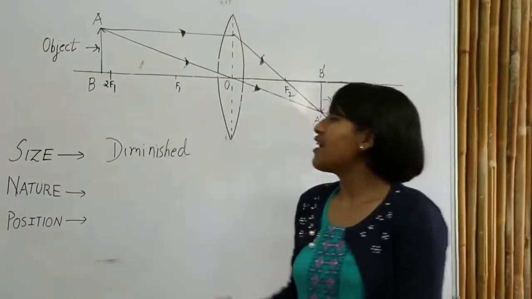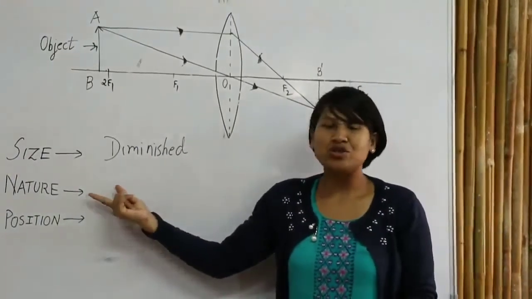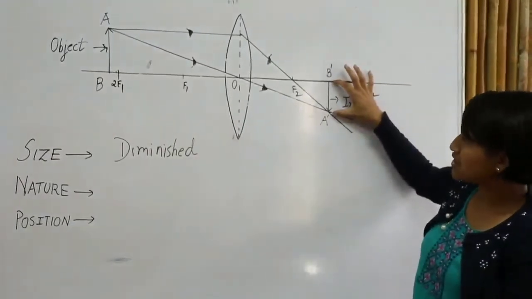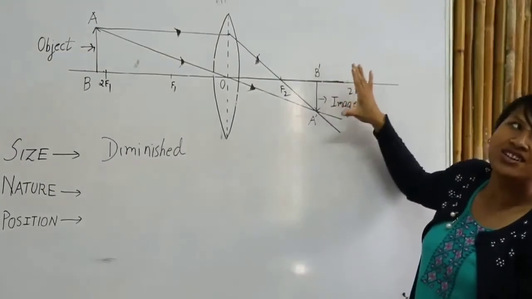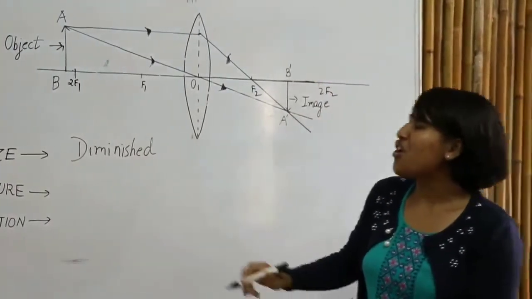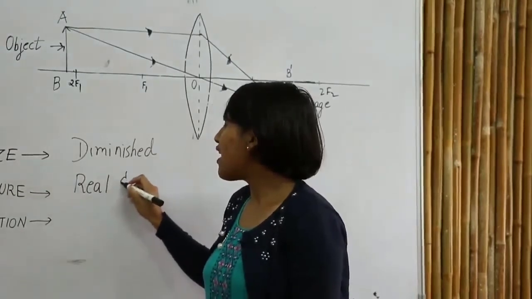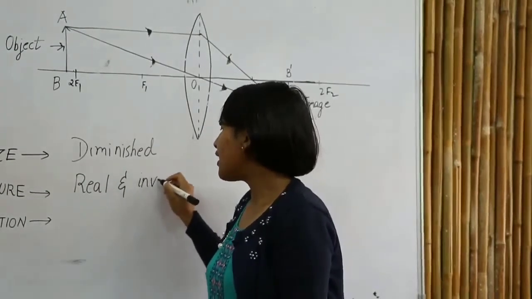Okay, and then what happens to the nature of the image? Here, it is inverted, and also it is real. So the nature of the image is real and inverted.